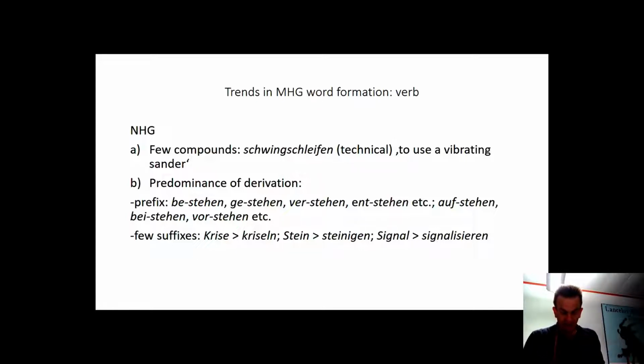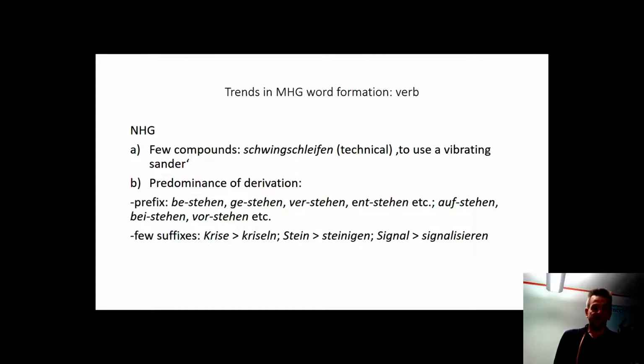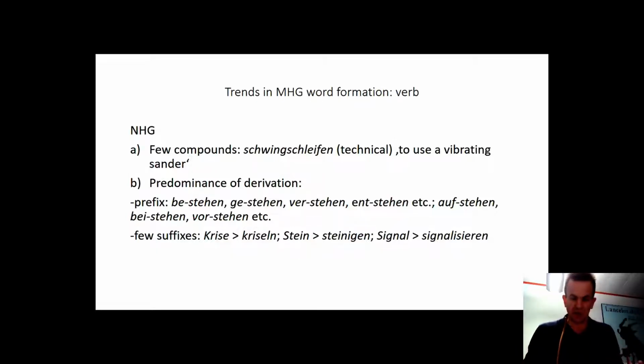Instead, derivations dominate, in particular formations with inseparable prefixes such as bestehen, in Sie besteht die Prüfung, and those with separable prefixes such as aufstehen, Sie steht vom Tisch auf. In contrast, suffixation is marginal for verbal word formation in contemporary language. Looking back at the history of verbal word formation in German, this was by no means always the case, and Middle High German is essentially responsible for the situation in the modern language.